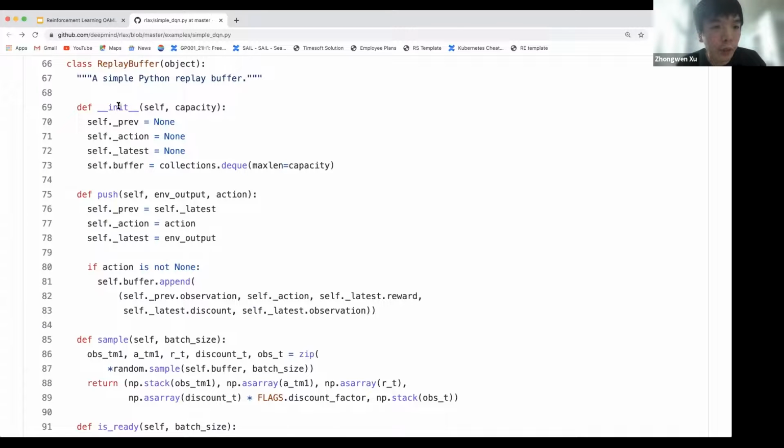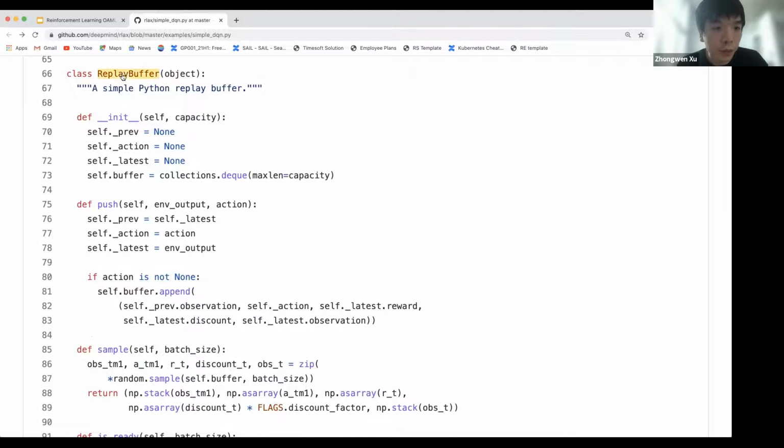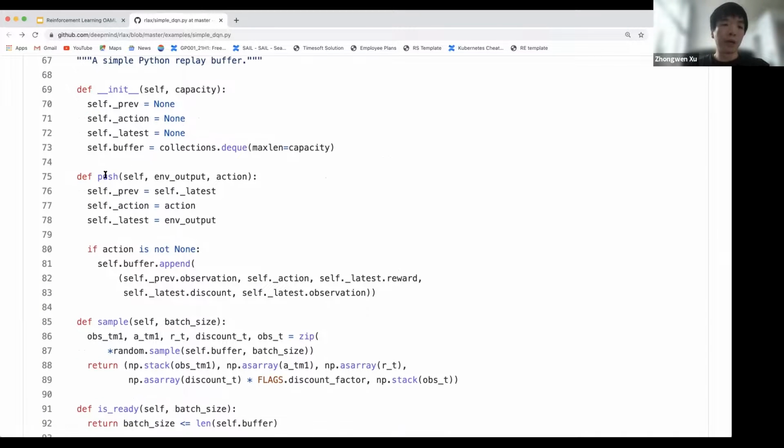Yeah, the first one is, as we mentioned, the replay buffer is the storage of the transitions. So you can first initialize the buffer with a certain capacity. It is not an unlimited storage of data. It has some maximum slots for storing transitions. And for the API, similar to the append we just mentioned, it is named push.